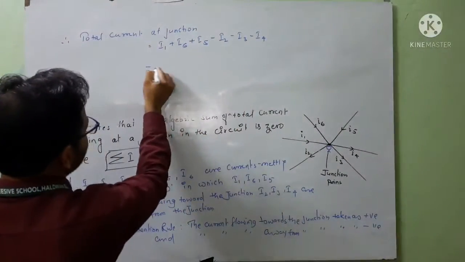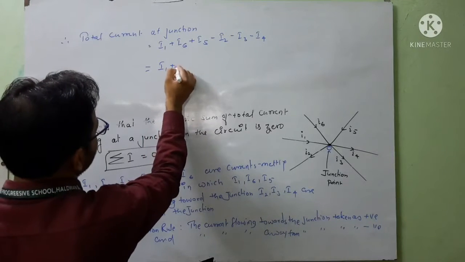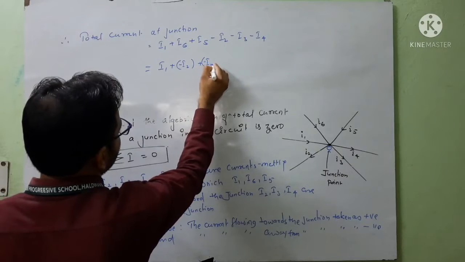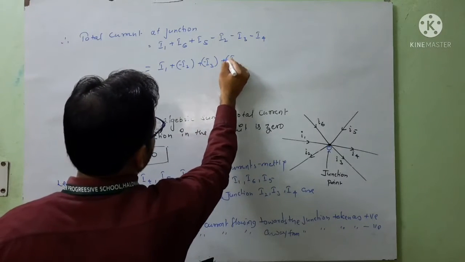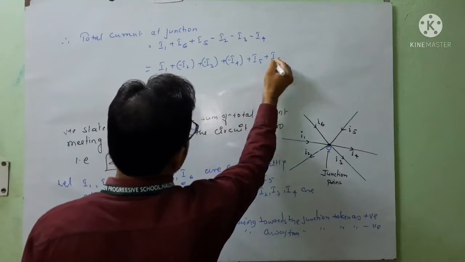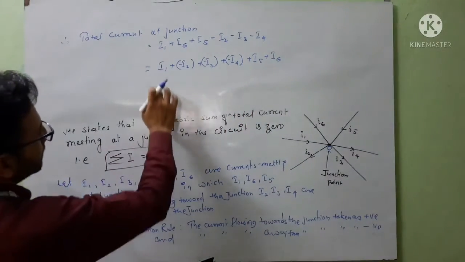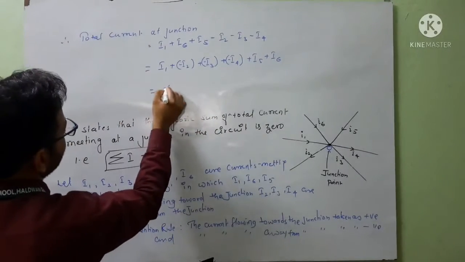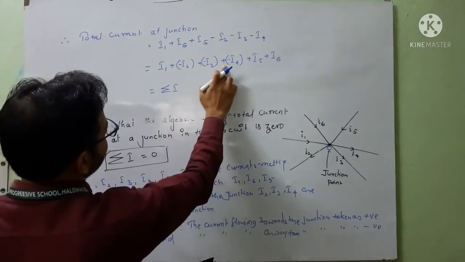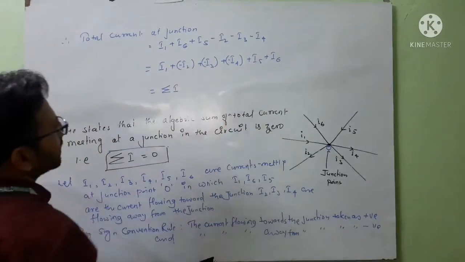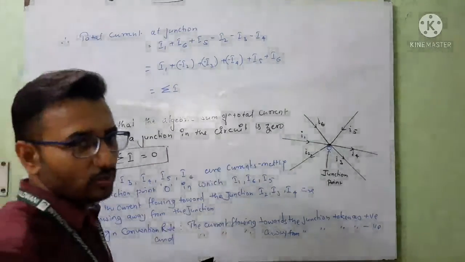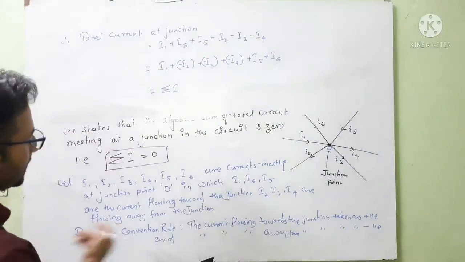So in algebraic sum format, I can write all the currents like this equation, so that we get the final value of sigma I. This is the algebraic sum, and the sign tells us which current is moving toward or away from the junction by the sign convention rule.